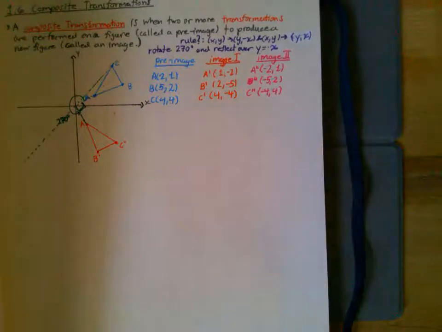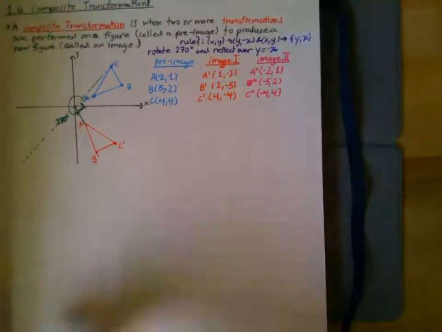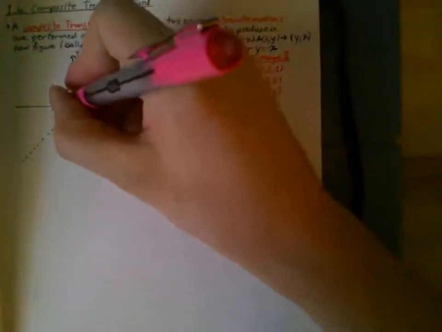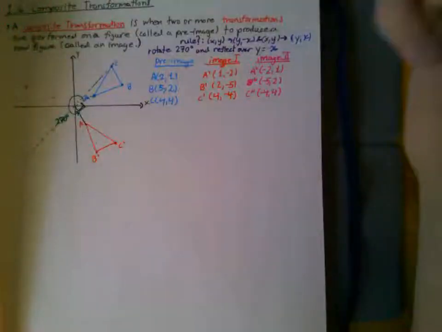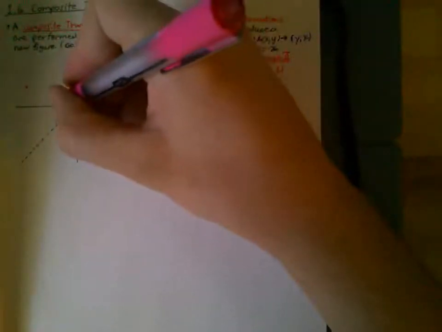So then our final coordinate points, our final resting place for this shape will be over 2, up 1, over 5, up 2, over 4, up 4.